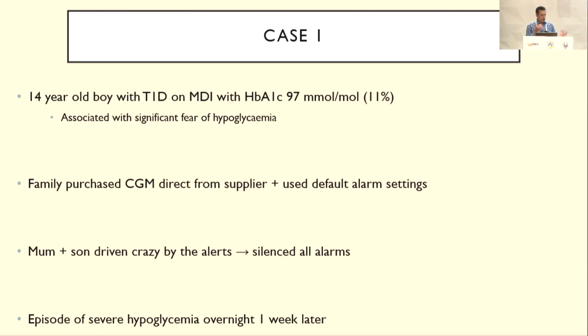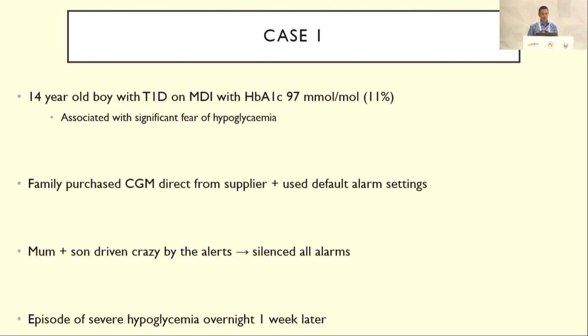Now, it's unusual in New Zealand that up until this week, everyone that went on CGM, I had roughly about 20% of my patients in my clinic on CGM, would purchase that direct from the supplier. And they would often start CGM without the knowledge of the diabetes team.